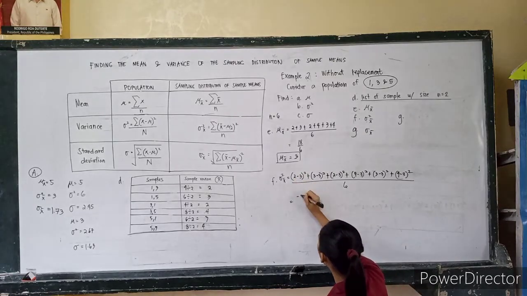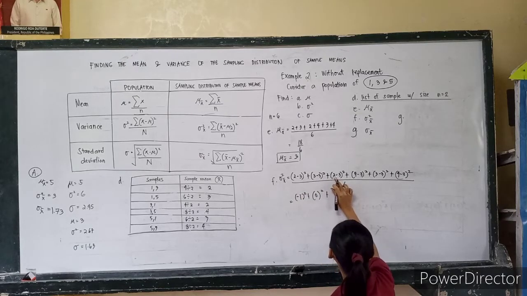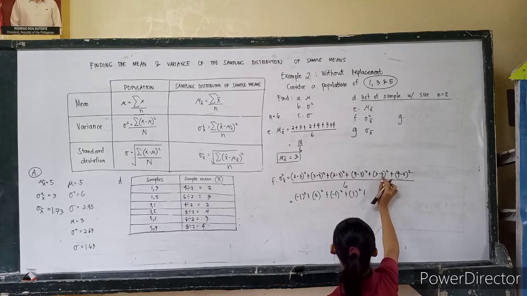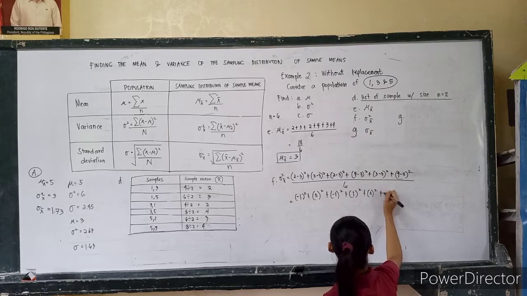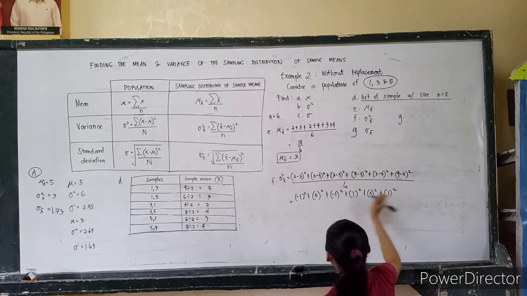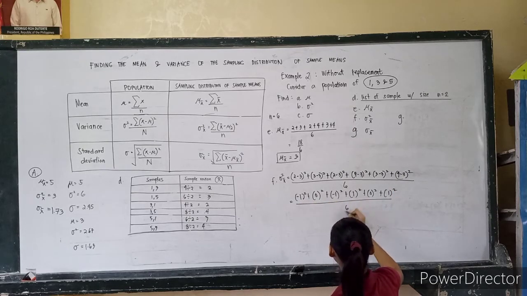Next, we operate on each one. So, 2 minus 3 is negative 1 squared, plus 3 minus 3 is 0 squared, plus 2 minus 3 is negative 1 squared, plus 4 minus 3 is positive 1 squared, plus 3 minus 3 is 0 squared, plus last one, 4 minus 3 is 1 squared, over 6.